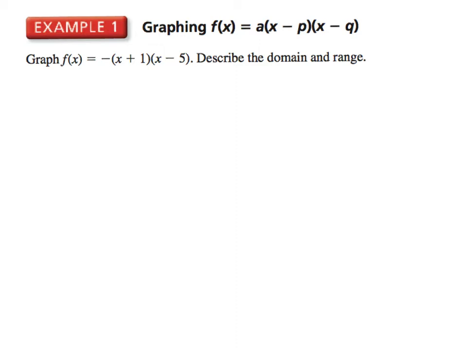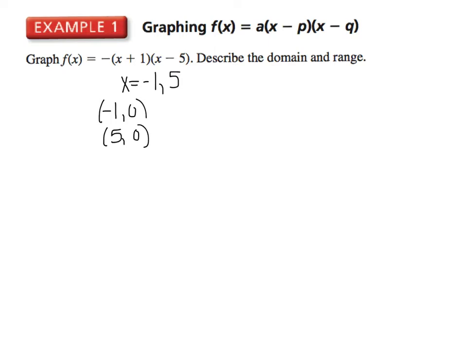So here we go. Example 1, I want you to graph the function f of x equals negative times (x plus 1) multiplied by (x minus 5). Well, the first thing we do is find the intercepts. If you solve these, you would get x equals negative 1 and 5. Therefore, the intercepts are negative 1 and 5, and we would plot (negative 1, 0) and (5, 0).